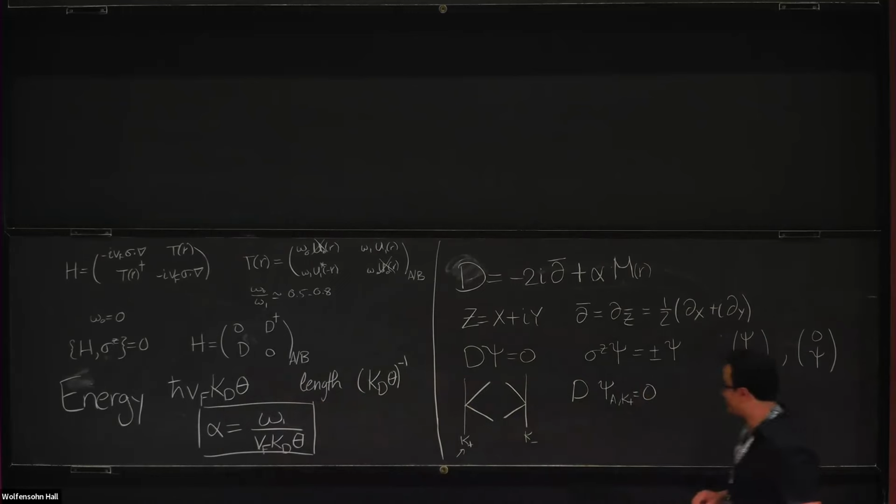The one localized on sublattice B will be a zero mode of the other operator, the dagger. And the two zero modes are related to each other by C2T symmetry, because C2T symmetry acts within the valley and flips sublattice. So they're related to each other by some complex conjugation and flipping R to minus R.